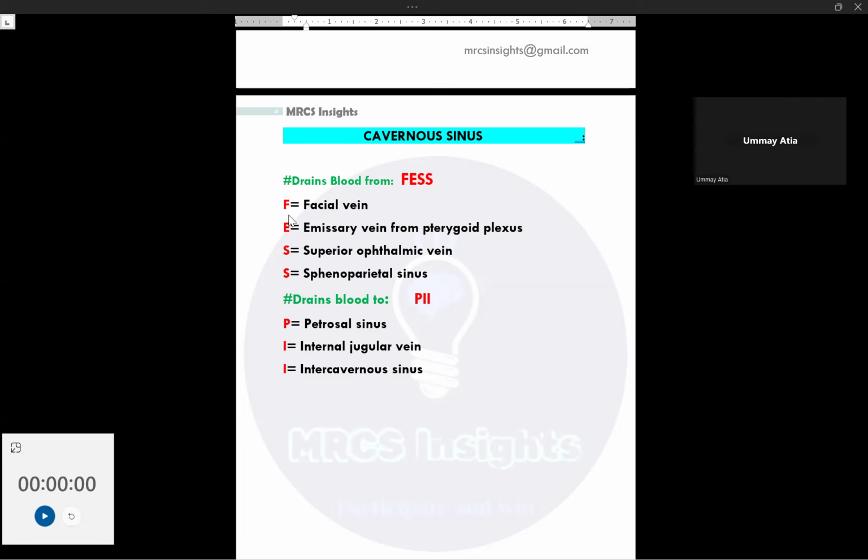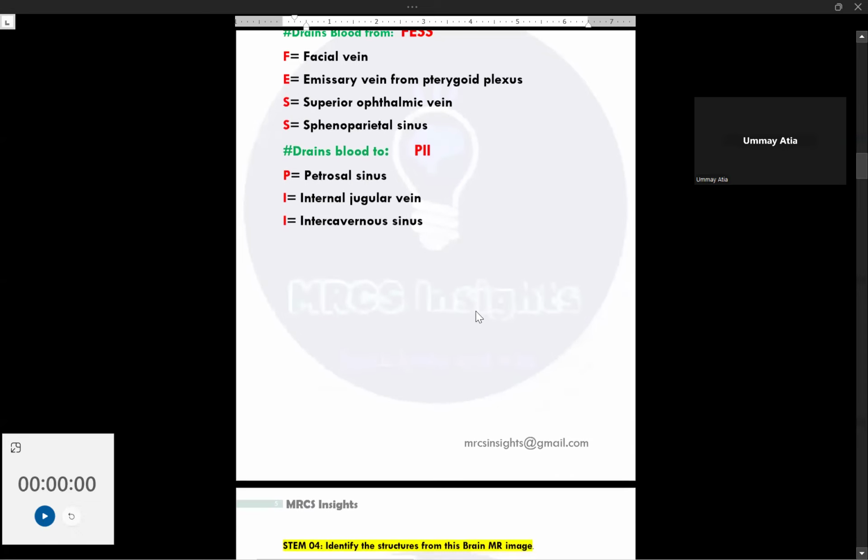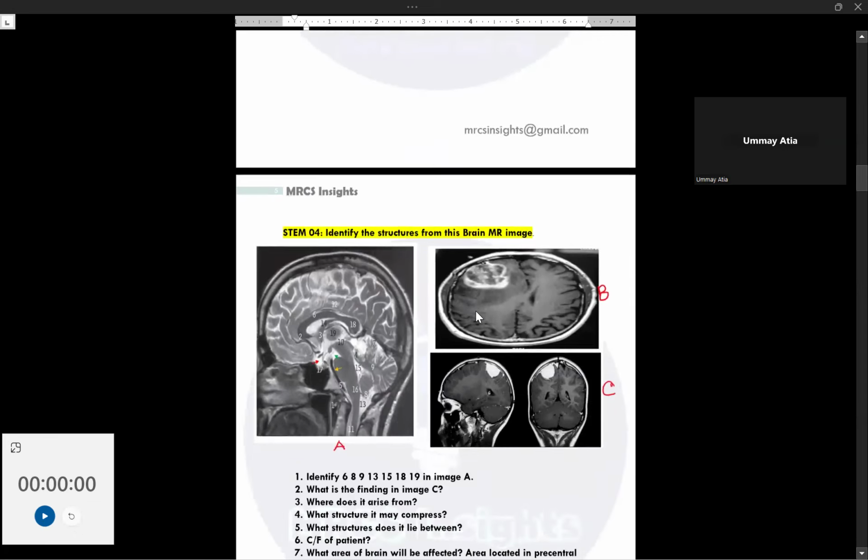F for facial vein, E for emissary vein from the pterygoid venous plexus, S for superior ophthalmic vein, and S for sphenoparietal sinus. These will be easier to remember. After that, it will drain blood into PI. PI means petrosal sinuses, superior and inferior petrosal sinus, and also the internal jugular vein, and also the intercavernous sinus. Okay, thank you, ma'am. Thank you very much, doctor.